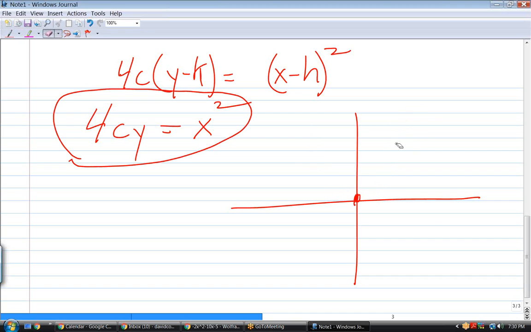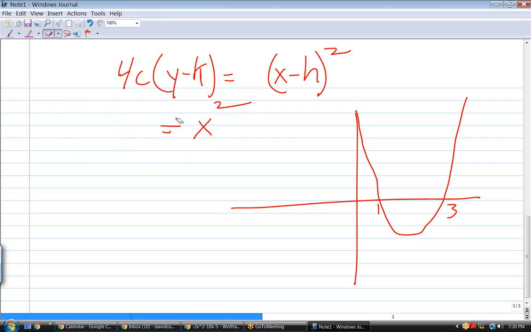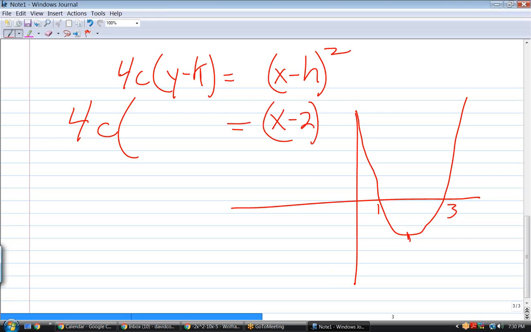If I had a parabola that was not at the origin, let's say I had a parabola like this, and this was point 1 and that was point 3, then the general equation of this parabola is going to be, well, that's 2, so it's x minus 2 quantity squared, and it's y minus whatever the vertical thing is on that.